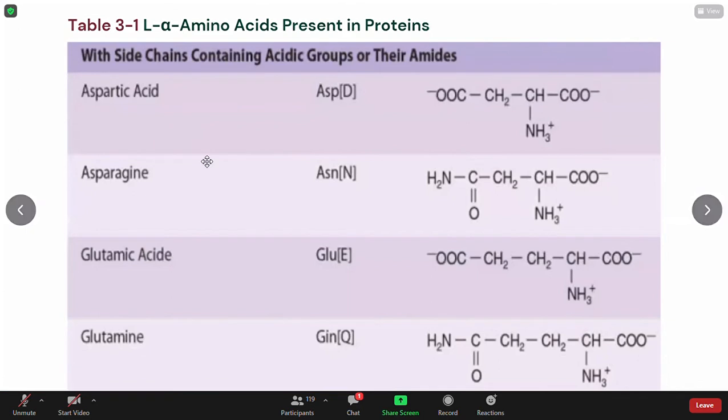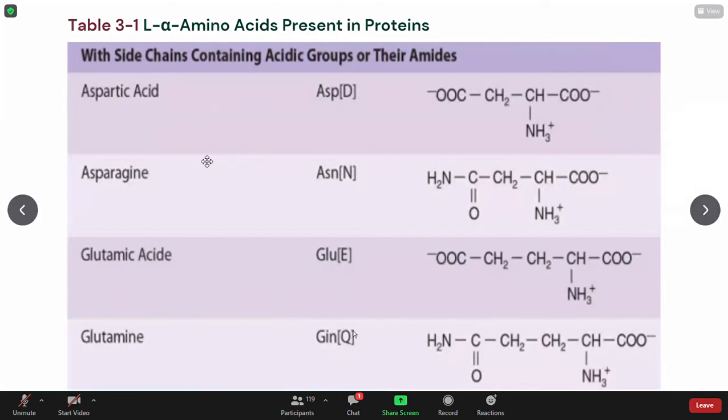Now in the alphabets you have K, L, M, N, O, P, Q. No? Your P is already proline. So you cannot use P for phenylalanine, so you use F. A, B, C, D, E, F. No?